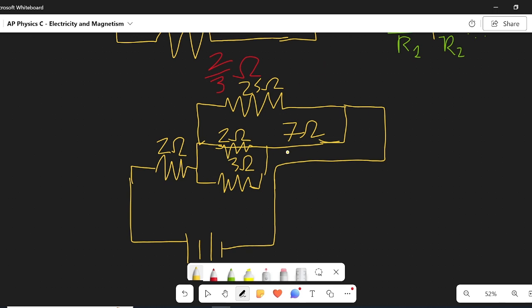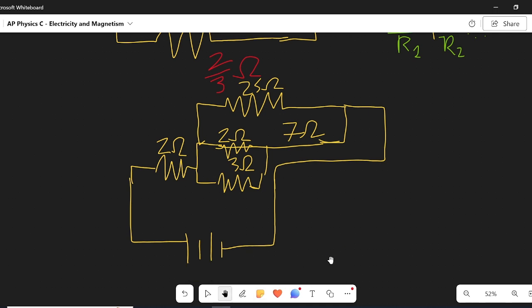Inside of this big array, we have 2 things in parallel: this 25 ohm resistor in parallel with the 2 ohm, 3 ohm, and 7 ohm resistors. But the 2 ohm and 3 ohm resistors that are in parallel look like our smallest piece that we can actually start with. So let's start with that.